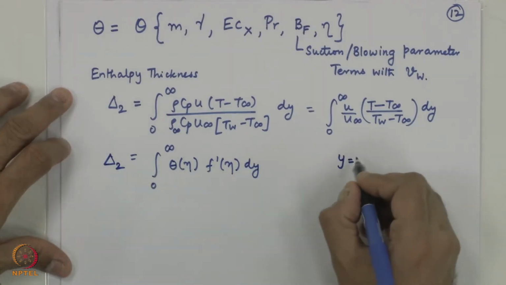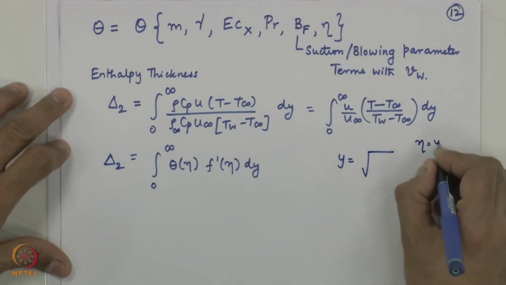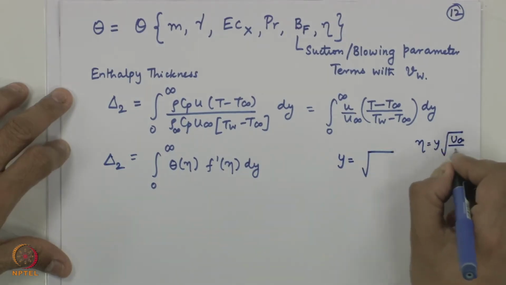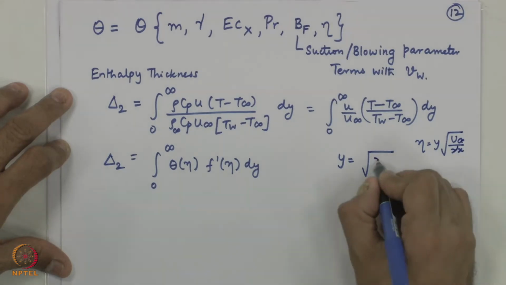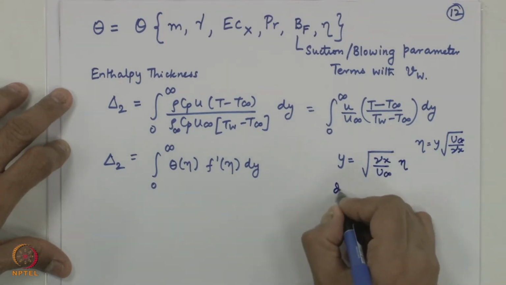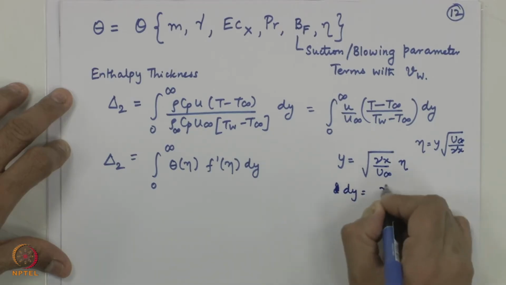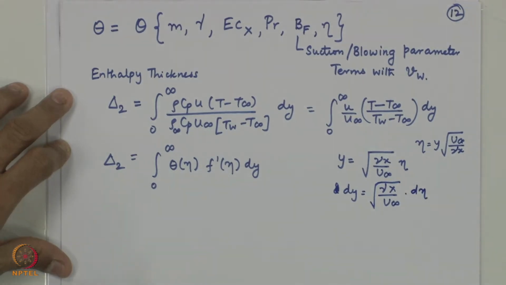Now y is equal to, remember, eta is equal to y under root u infinity by nu x. Therefore y is equal to root of nu x over u infinity times eta, and dy is equal to root of nu x over u infinity d eta. Correct?